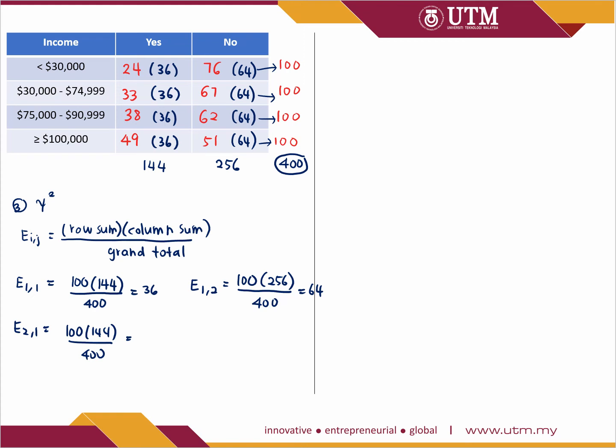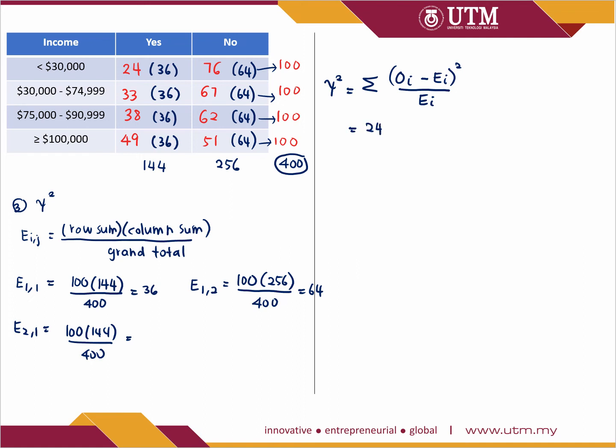Now to find the chi-square, we have to find the summation of the observed value minus the expected value, squared, over the expected value.